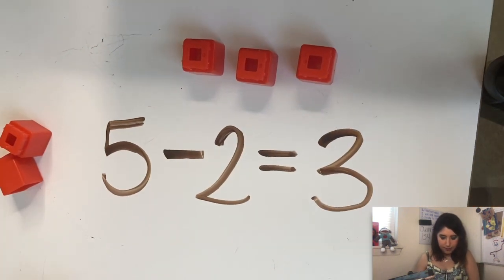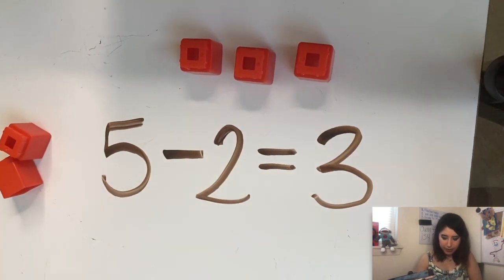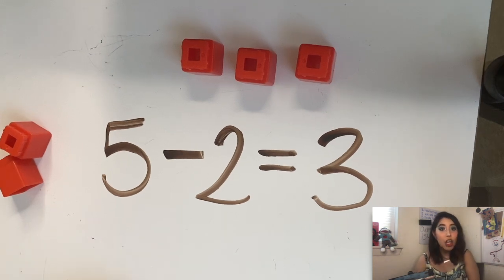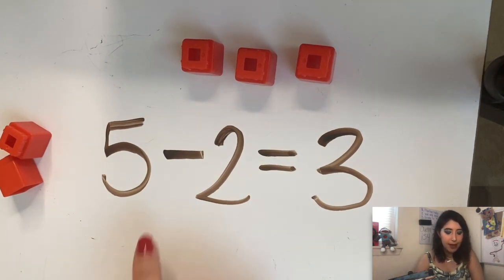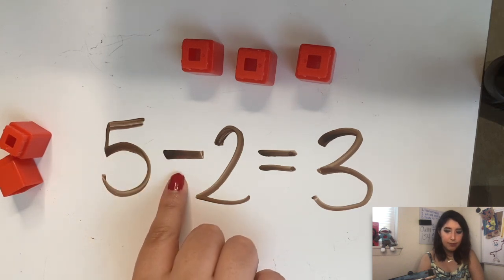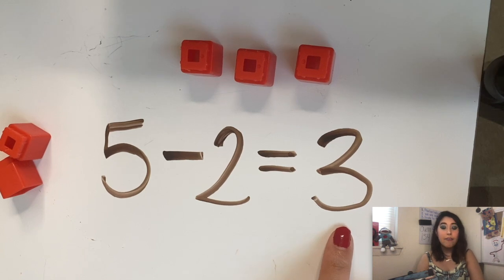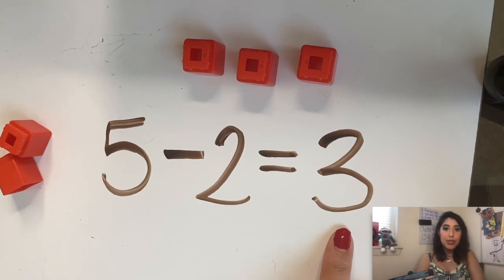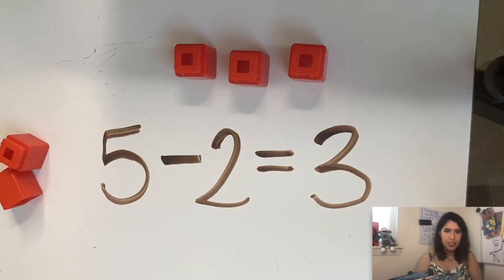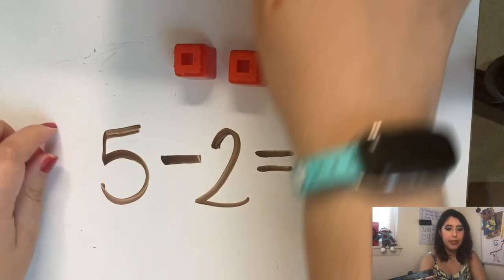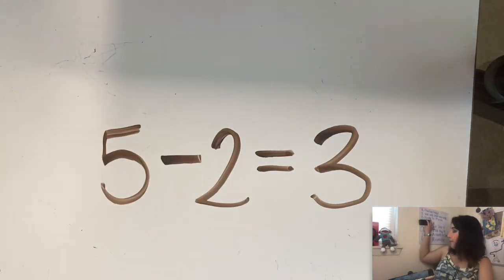Very good. Never forget your equals so we know the final answer. Now let's read our number sentence. Get ready. 5 minus 2 equals 3. Let's do a different one. I'm going to erase my board and put my cubes away.